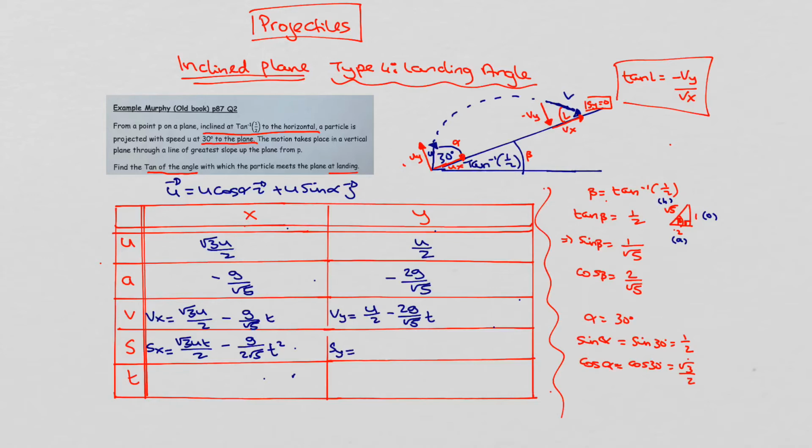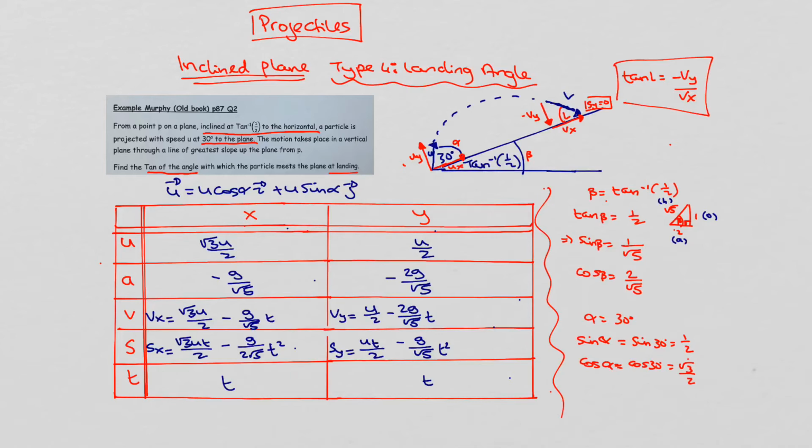And then S in the Y direction is UT over 2, and again minus a half, that's going to be G over root 5 T squared, and T is obviously with respect to T.